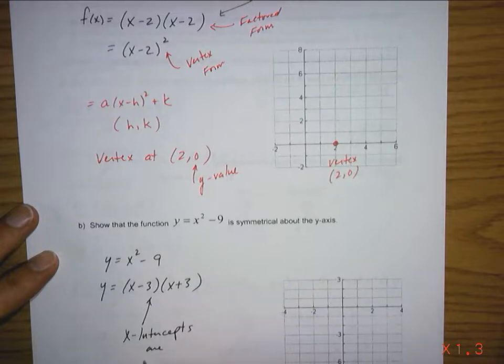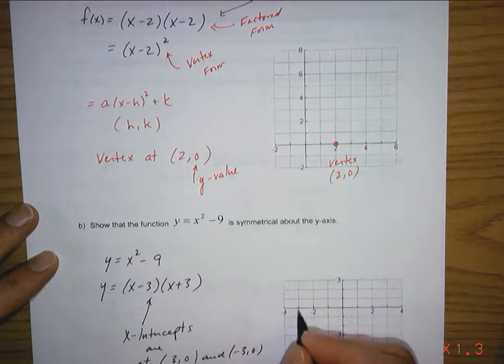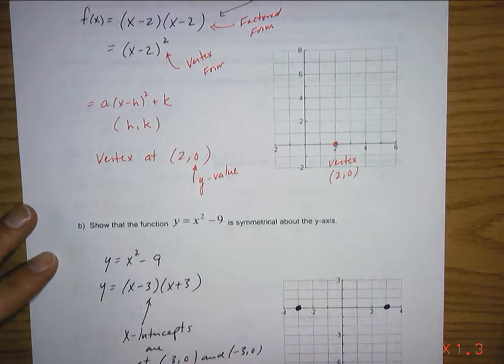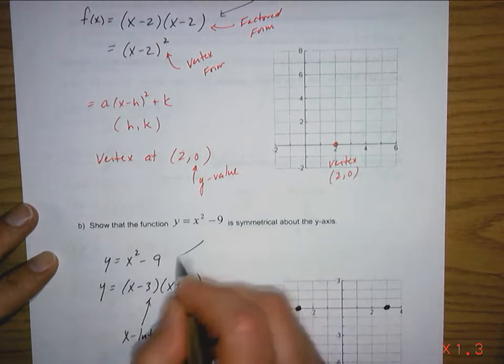The x-intercepts are at 3 comma 0 and negative 3 comma 0, which means they're here and here, which means that the vertex is going to lie directly here, 0 comma negative 9. I saw that up here.